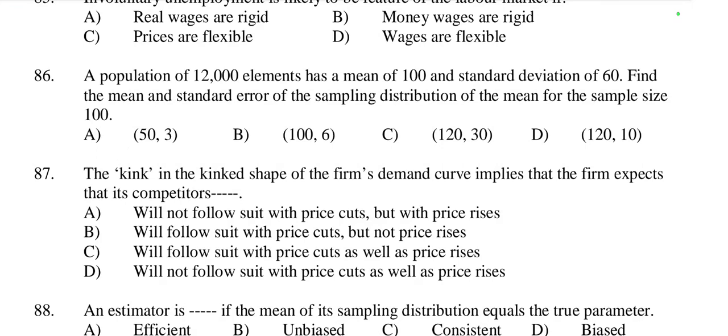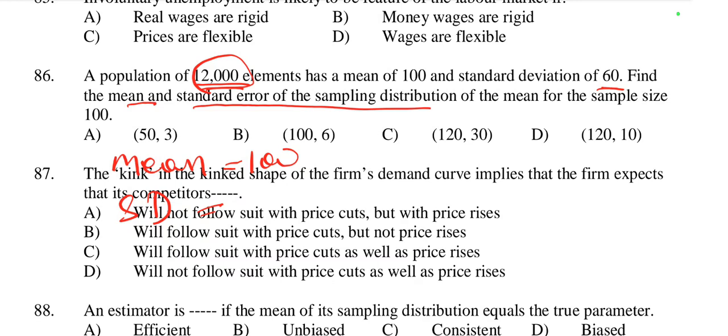Here, data given: first, mean is equal to 100 and standard deviation is 60. Then total population 12,000. So we have to find out the mean and standard error of the sampling distribution.